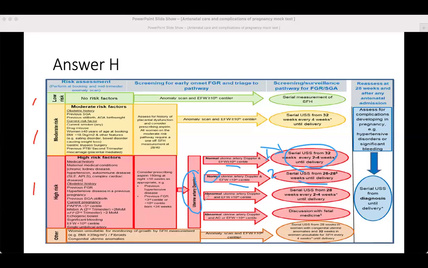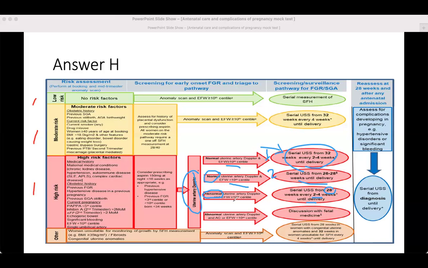Condition number 3, or the possibility number 3, is that you find that the uterine artery is abnormal. Once I found the uterine artery is abnormal, I'm not happy, right? So I will start my serial ultrasound from 28 weeks, every 2 to 4 weeks until delivery, if the estimated fetal weight was normal, means it's 10th centile or more.